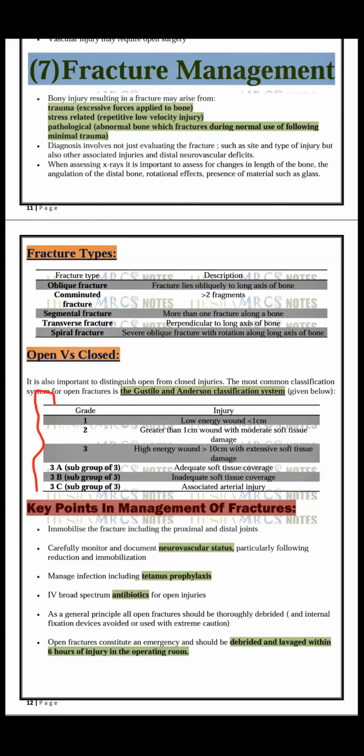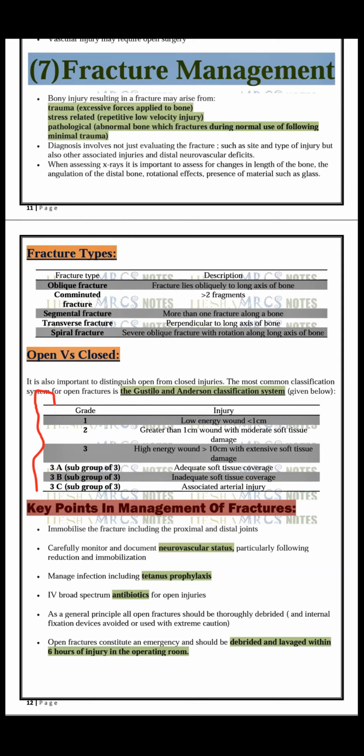I will give the patient IV fluid, IV antibiotics, and tetanus prophylaxis if I have a compound fracture. Do not forget to assess proximal and distal to the site of the fracture: proximal assessment of the neurovascular bundle and distal assessment of the neurovascular bundle.